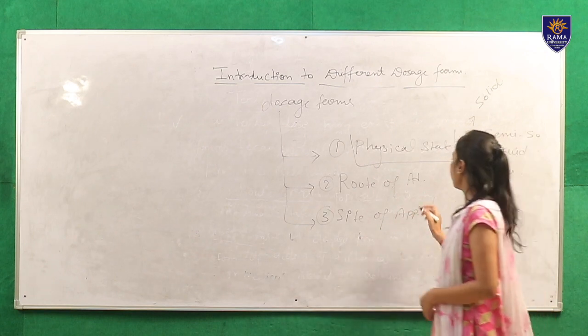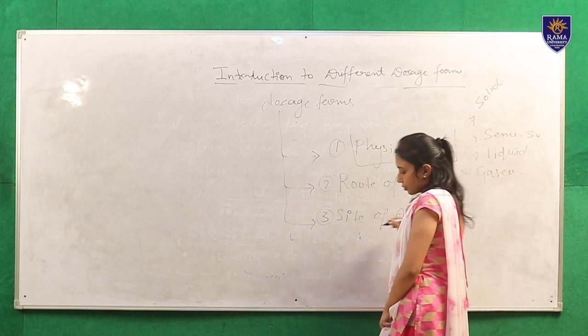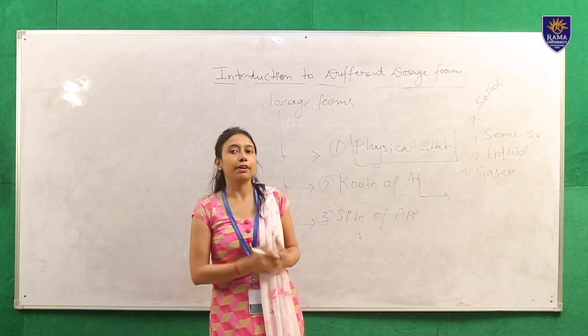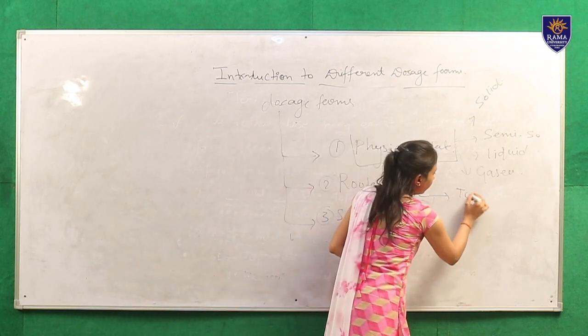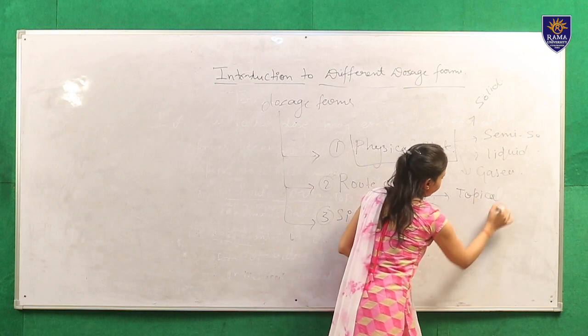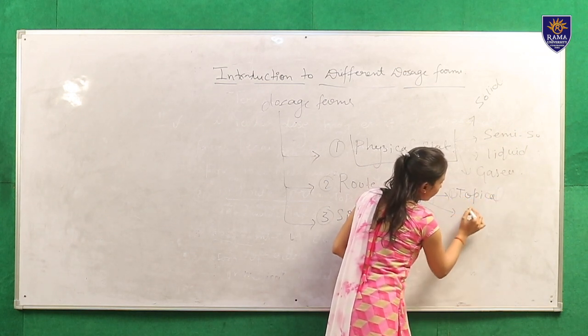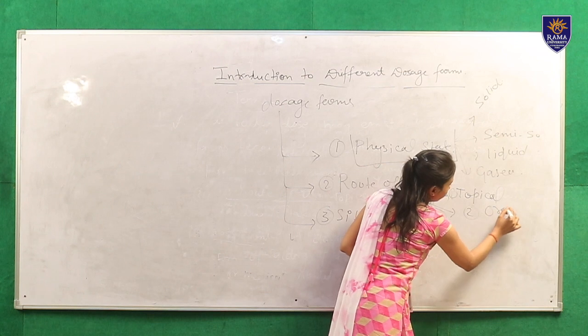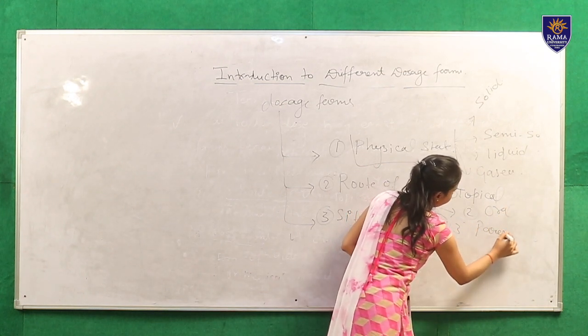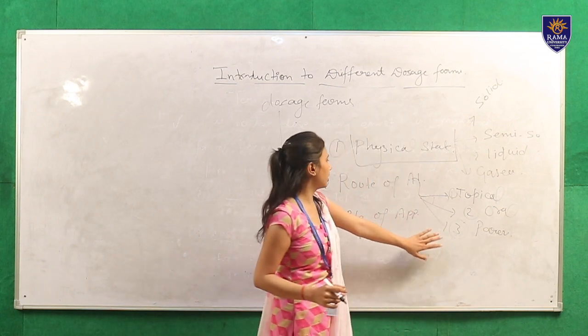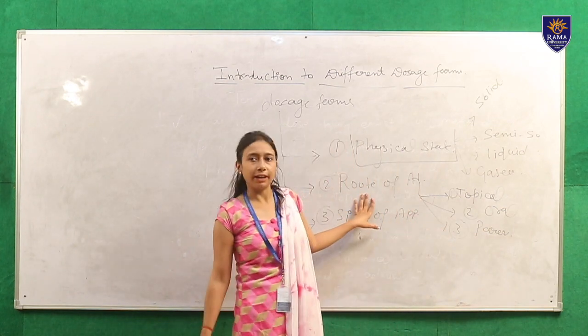Now moving further to the route of administration. If we are talking about the route of administration, dosage forms are classified into first topical, second oral, and third parenteral. So this is the classification based on the route of administration.